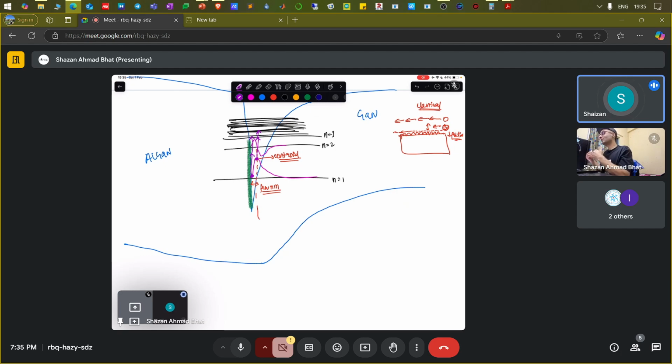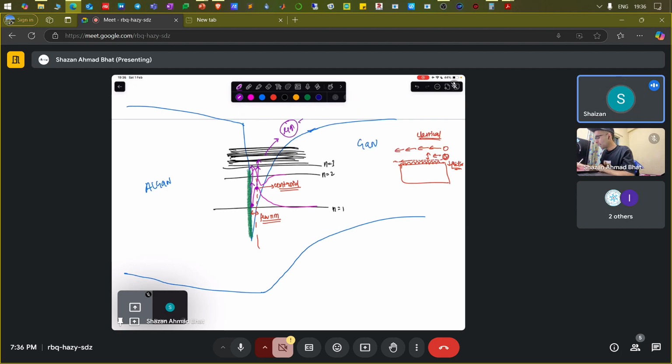That reduces the interaction of this electron with the surface states, with the interfaces. So mobility increases, and that means current increases. That means it is beneficial for high electron mobility transistors and high frequency devices. That's just an analogy I tried to frame.